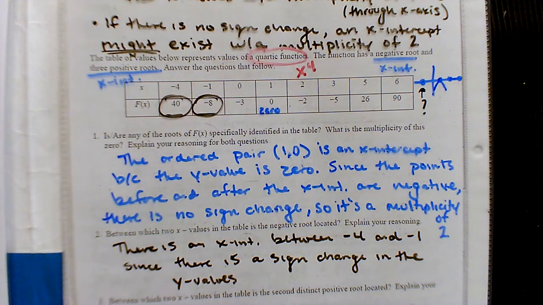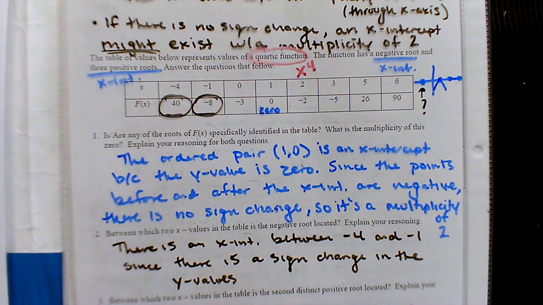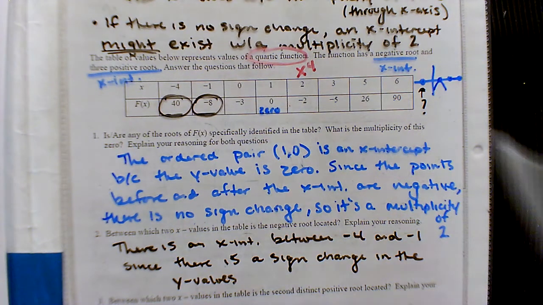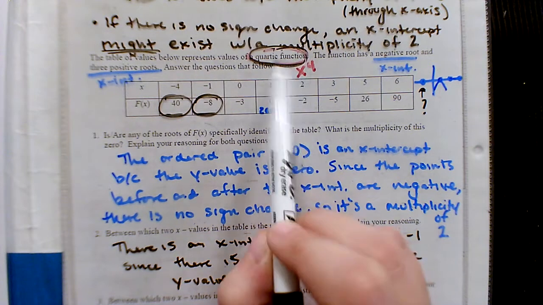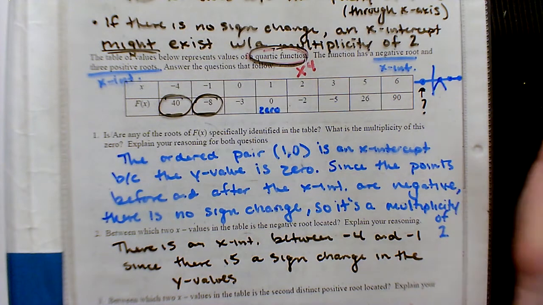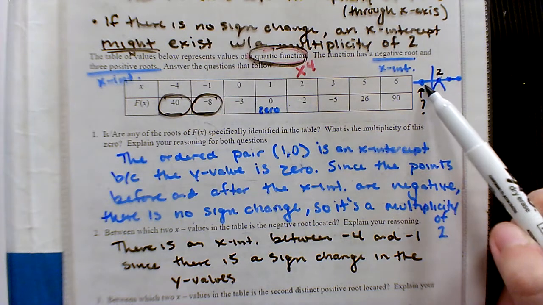Do we know what the multiplicity is of that specific root or x-intercept, whatever it might be? Can we say for sure if it's a 1 or a 3? Yeah? Well, it has to be one because of the other ones. Okay, so this is Rebecca's analysis of a quartic function. It would have to be 1, because if we already know this one is a 2, there's no way this one could be a 3, right?